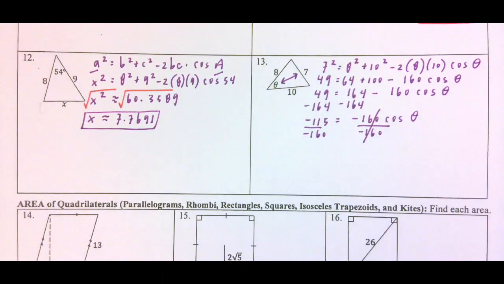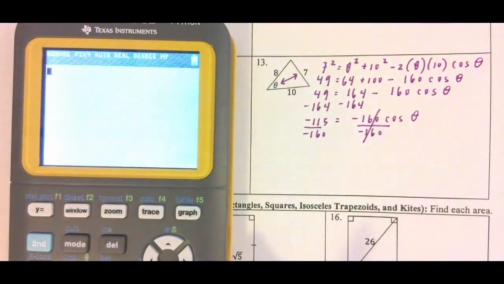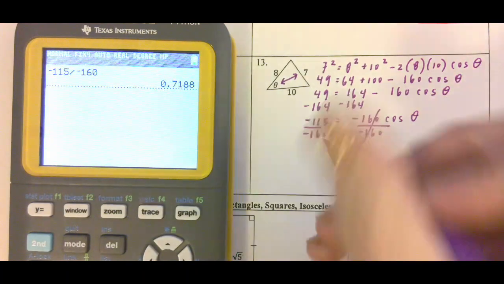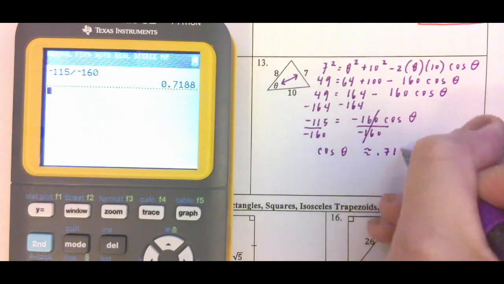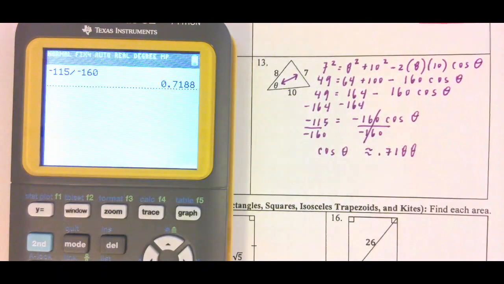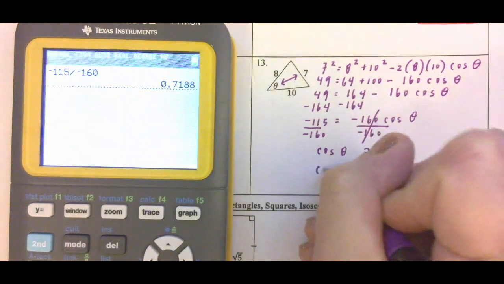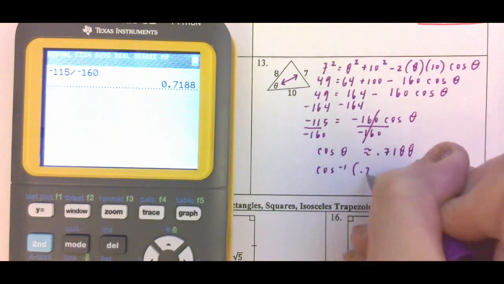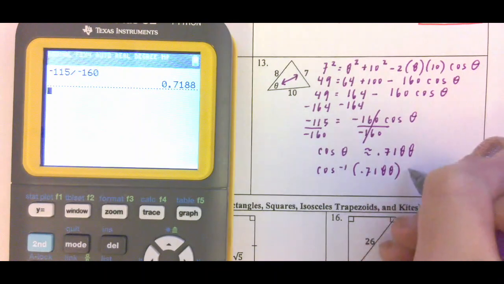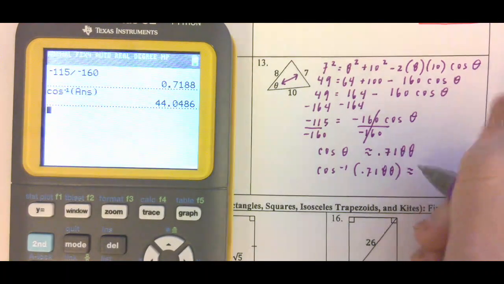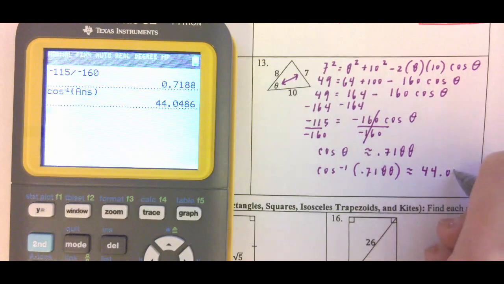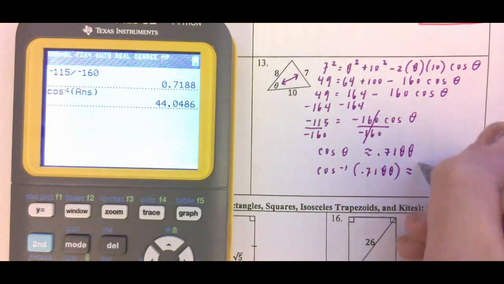So here, negative 115 divided by negative 160, I now have that cosine theta is about 0.7188. And since I want the angle measure, now I use the inverse of cosine with that ratio, and it's going to give me the angle measure. So inverse of cosine, second cosine, build off that previous answer, and we get 44.0486 degrees.